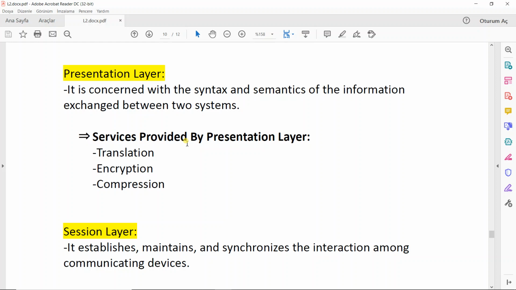For example, at which layer do you convert your normal writing into ASCII code? Presentation layer. When you type a message to your friend, it gets converted to ASCII code at this layer.